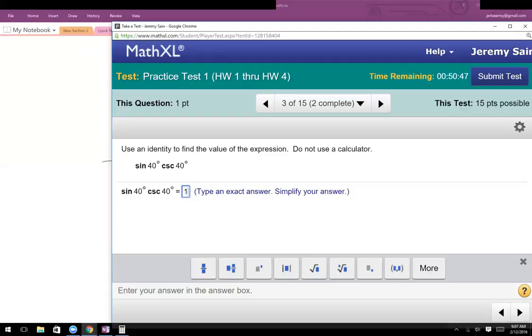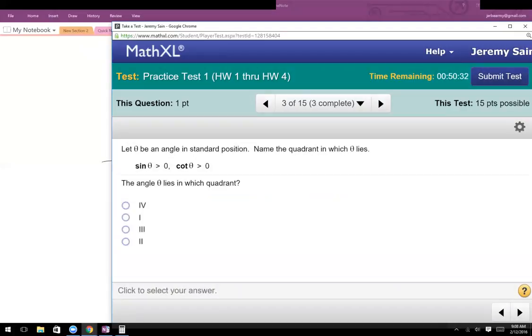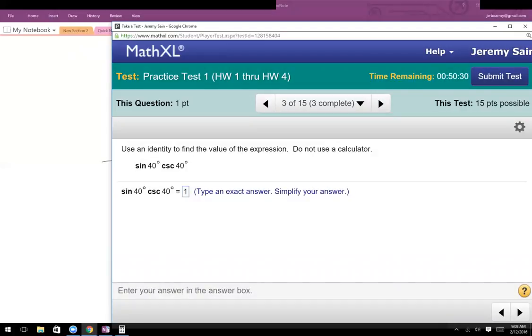So when you put the sine back in there, it's sine of 40 times 1 over sine of 40, which is what? Yeah, it's just like Courtney said, cosecant is 1 over sine. So if I go sine of 40 times 1 over sine of 40, you just get 1.